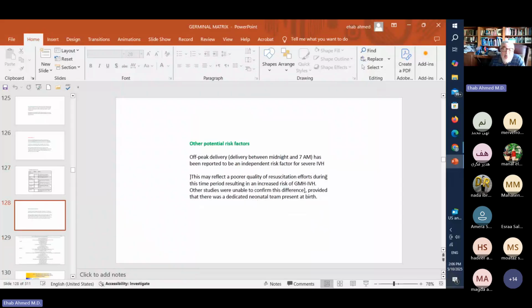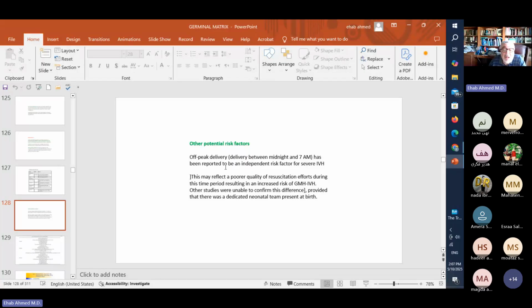There is another important factor which I will mention later because it is in the prevention, which is if you don't give the mother steroids in the proper way, betamethasone or dexamethasone, at least within 7 days, complete course, either 4 doses or 2 doses, depending on what you are giving, this is a high risk factor for GM-IVH.